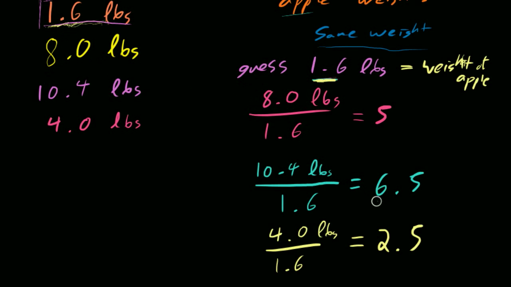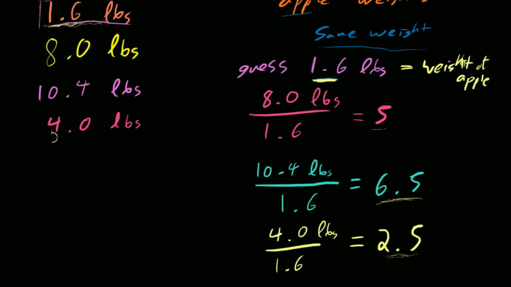And we didn't get that. Instead we got these two numbers that weren't whole numbers. We got 6.5, and then we also got 2.5. Even though the first entry we did get a whole number. So this first person, if an apple weighed 1.6 pounds, would have picked 5 apples.